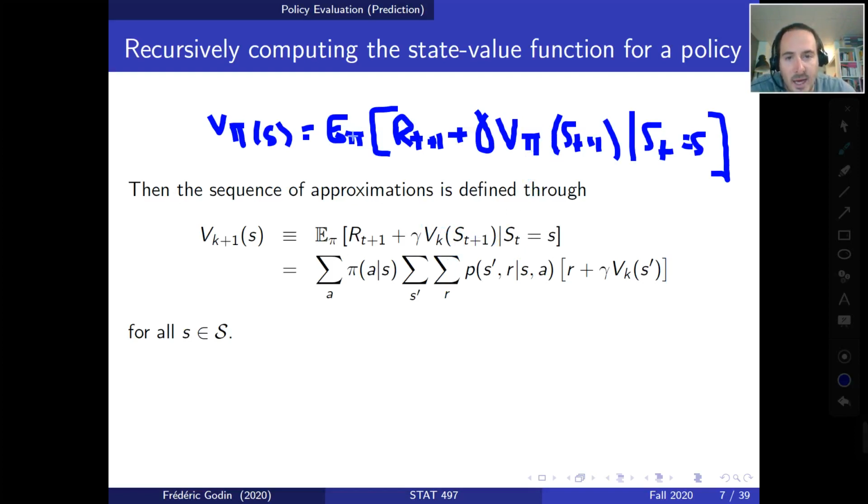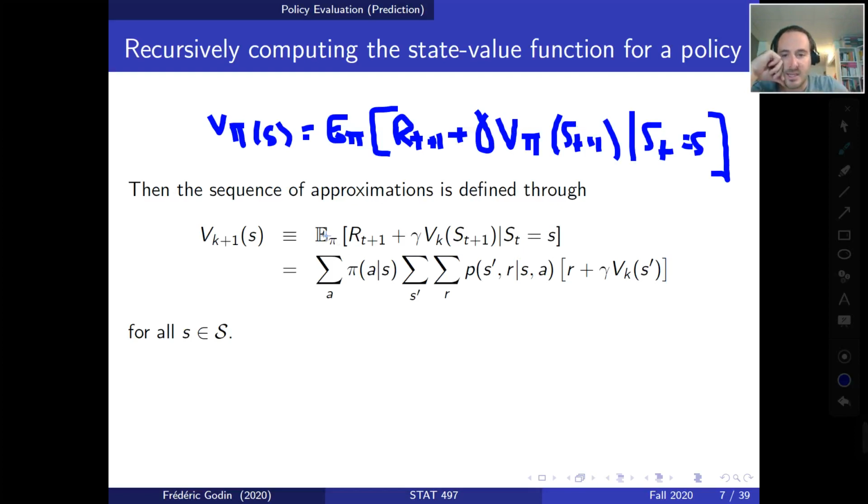And then we're going to calculate this expectation, and this will give us the next estimate, v_{k+1}(s). Basically, we take the Bellman equation, but on the left side is the next estimate, and on the right side is the previous estimate. This is how we perform the procedure called iterative policy evaluation.